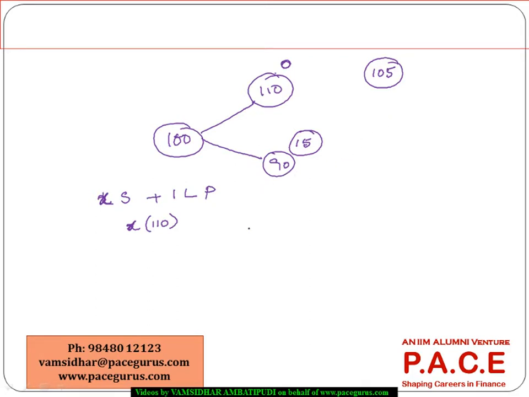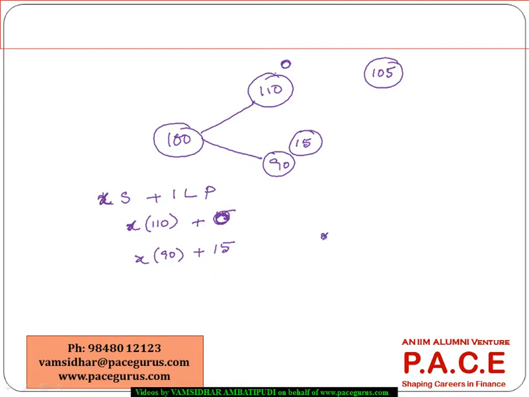So I get a benefit of 15 by exercising this put. So the portfolio value is X times 110 plus 0 if the stock price touches 110, whereas if it touches 90, the portfolio value is X times 90 plus 15.